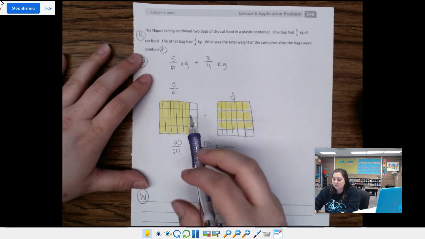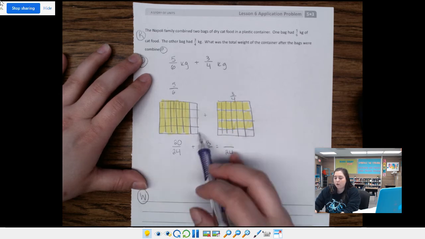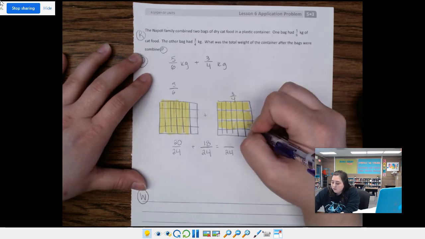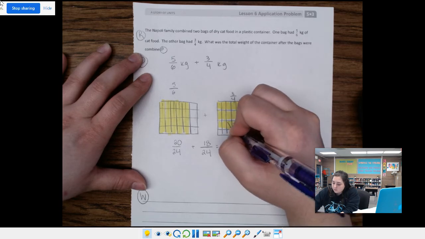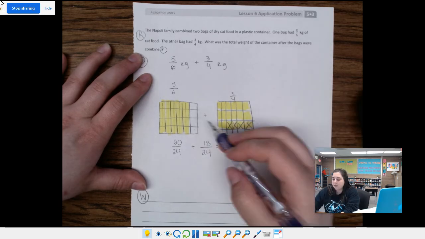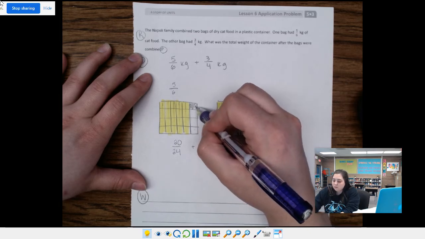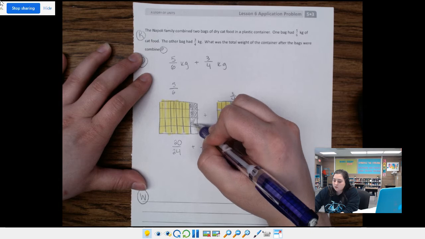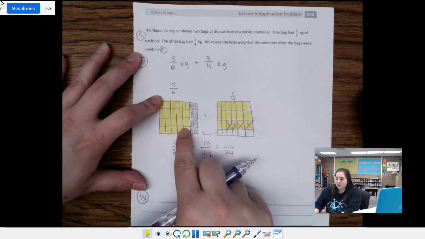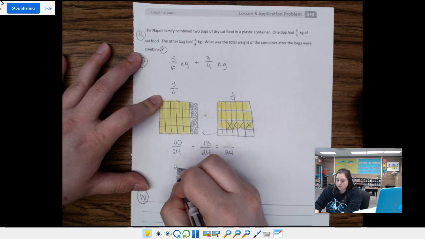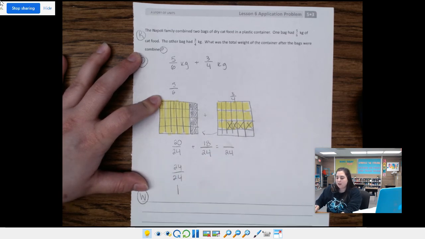So here's what I see. 4 more pieces are needed to equal 1 whole. So I'm going to take away 4. 1, 2, 3, 4. And I'm going to move them over here. 1, 2, 3, 4. Now I have 1 whole, or you could say 24 24ths equals 1.